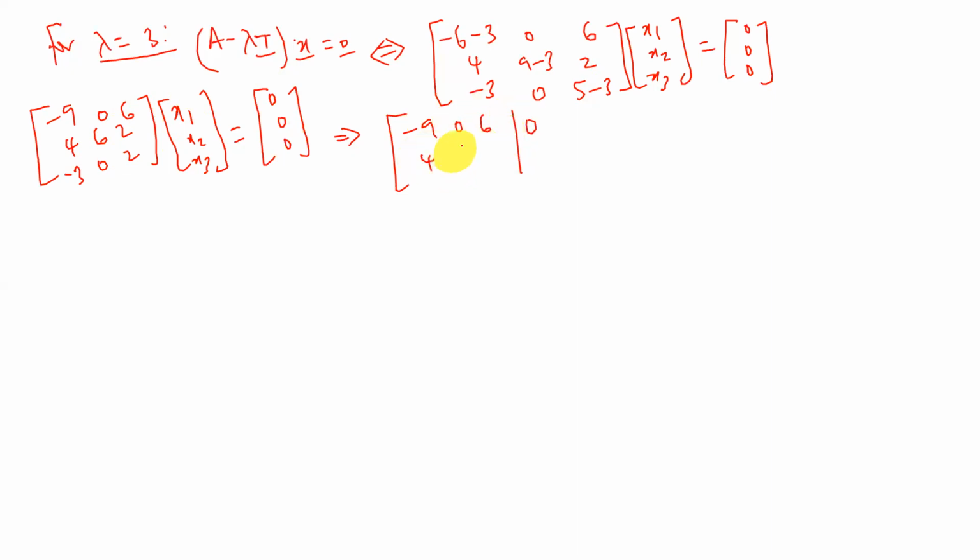Goodness me. 4, 6, 2, 0. Okay, minus 3, 0, 2, 0. We do what we did before. We just reduce this to reduced echelon form, like in linear algebra. We want to get the eigenvectors associated with this lambda. Okay, just practicing with this, because we will have to classify the smaller eigenvalues and eigenvectors and things like those.